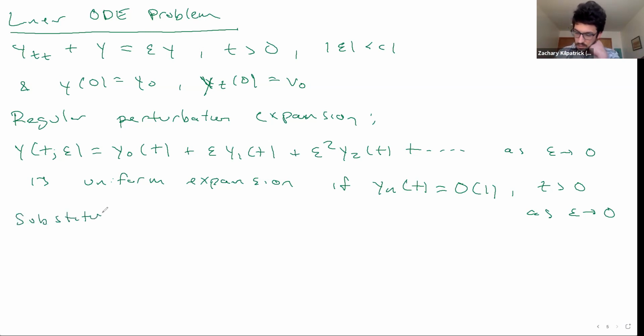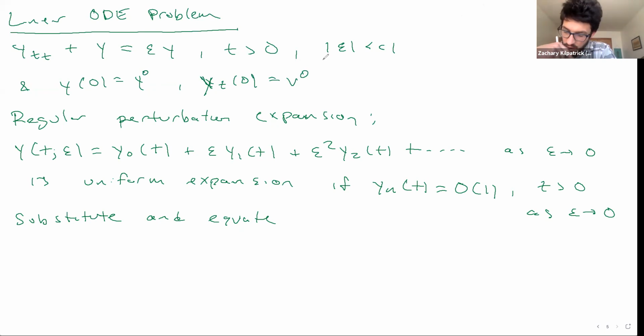So if we substitute, do we have two different y zeros here? Like, is the initial condition different than the first one in the expansion? Oh yeah, I realized what I did in my notes. I sort of crossed something out. So I'll use superscripts for the initial condition.